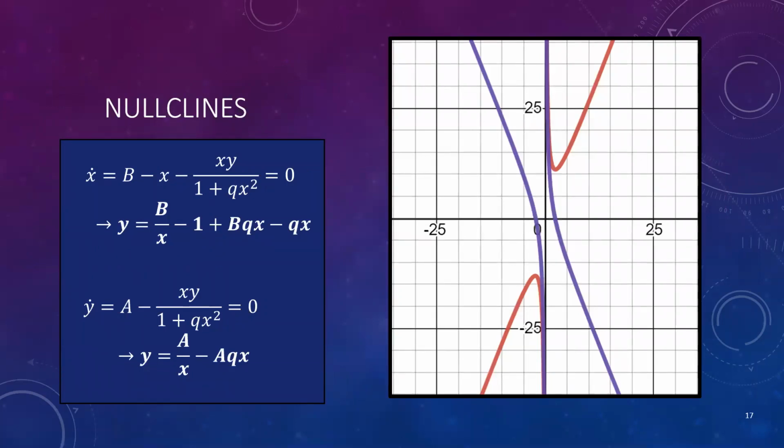I set dx/dt equal to 0 and found y to be b over x minus 1 plus bqx minus qx. In equation 2, I found y to be a over x minus aqx. I've graphed the equations on the right, and this is how our trapping region will look using values.